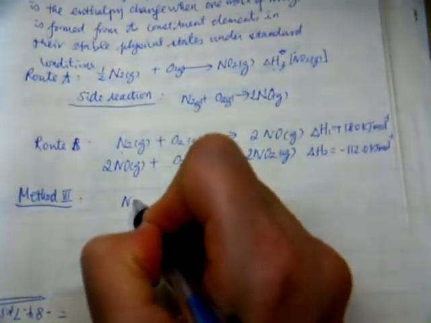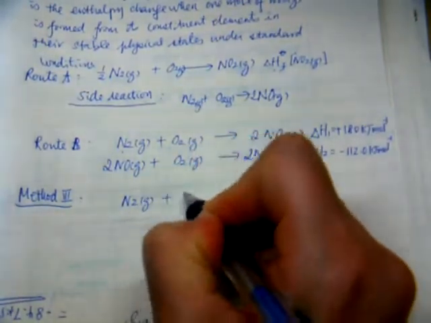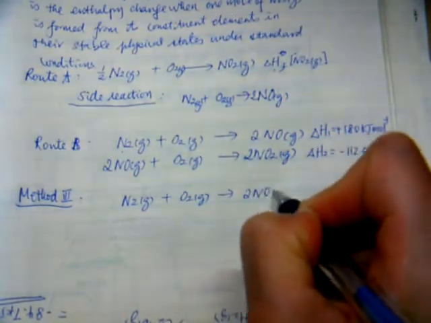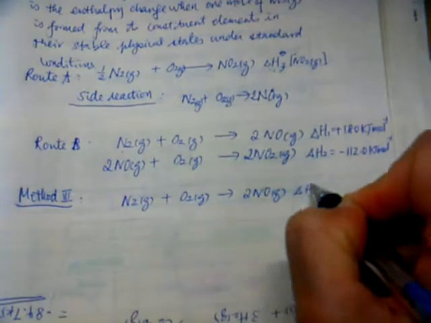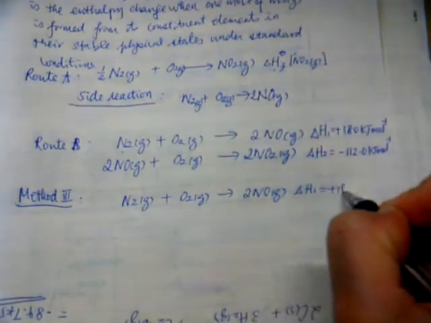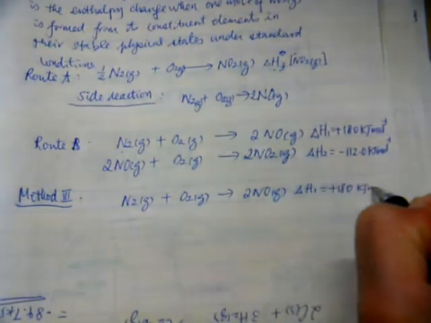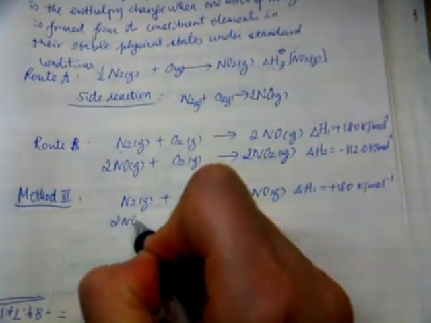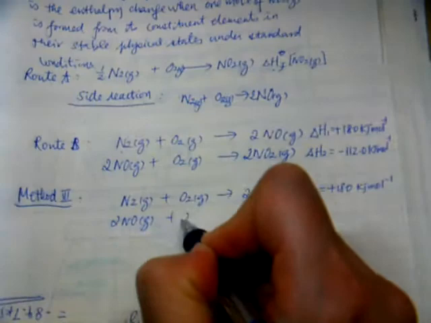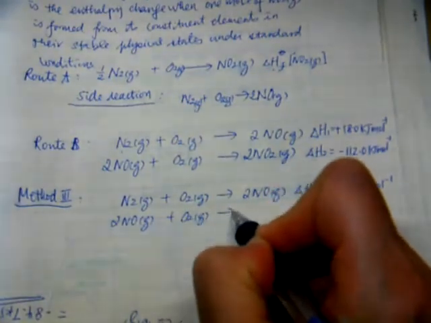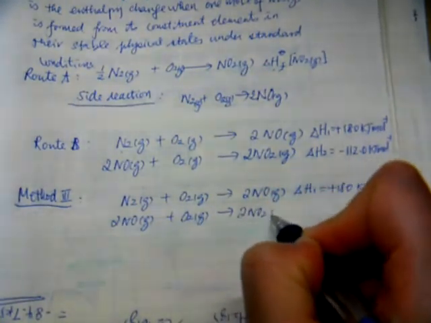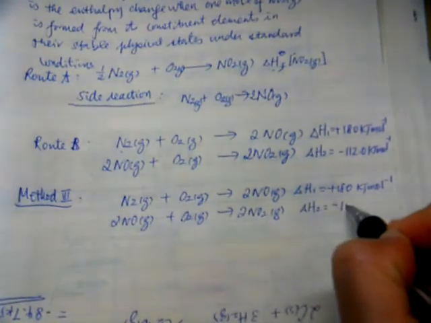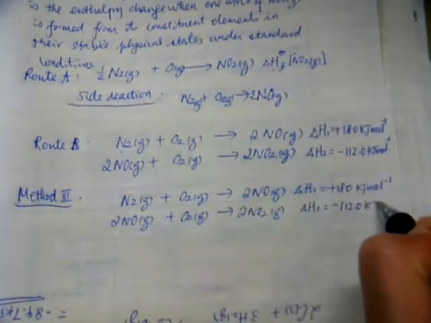This is the first step, with delta H plus 180 kilojoule per mole. This is the second step, with delta H2 equal to negative 112 kilojoule per mole.